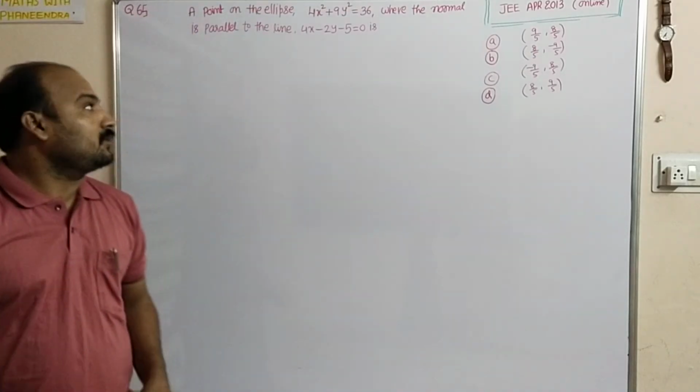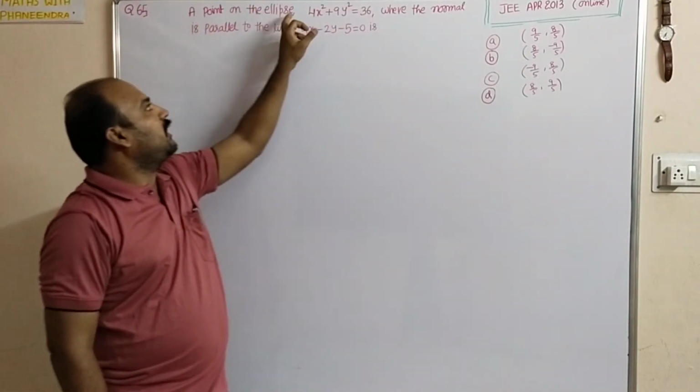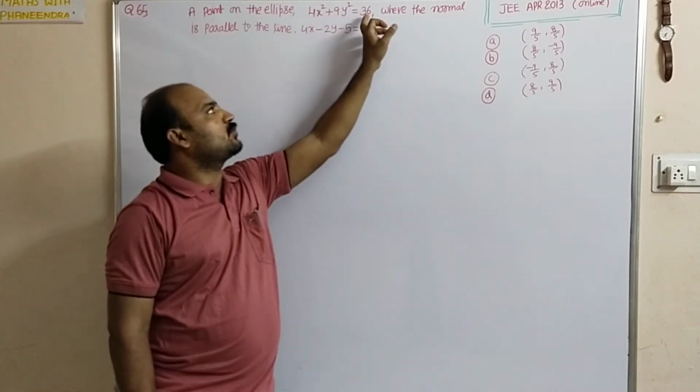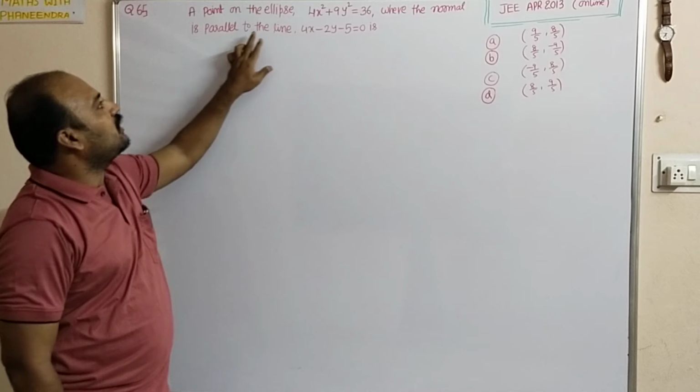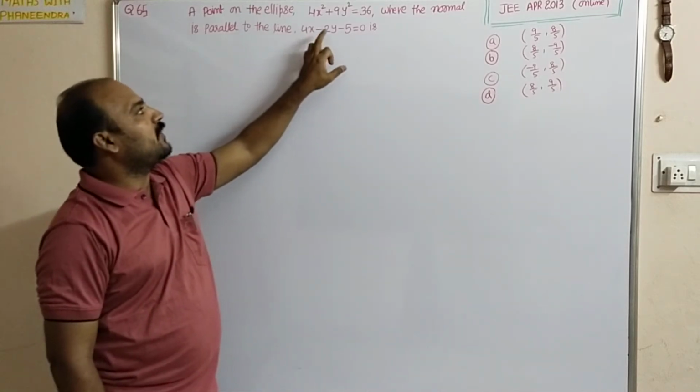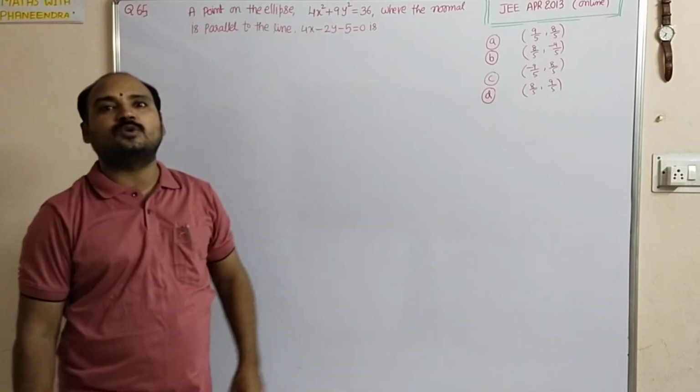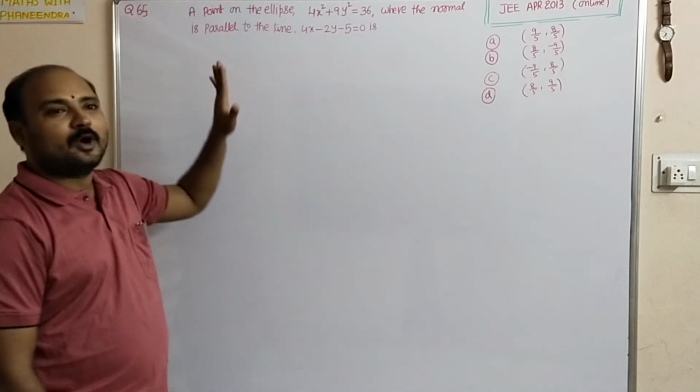The next question. A point on the ellipse 4x square plus 9y square equal to 36, where the normal is parallel to the line 4x minus 2y minus 5 equal to 0, is. That means they are asking the point of contact.